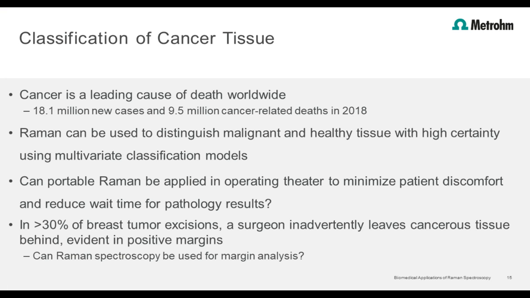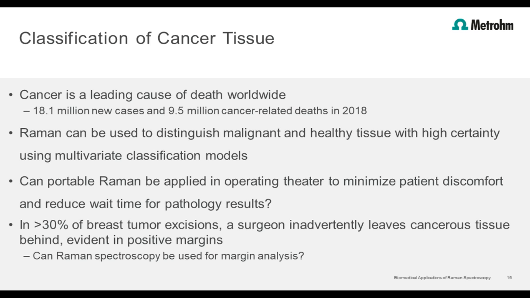And I do just want to give a few examples of areas where our systems have been used for biomedical analysis recently. So the first example that I'll talk about is the classification of cancer tissue. So cancer is the leading cause of death worldwide.